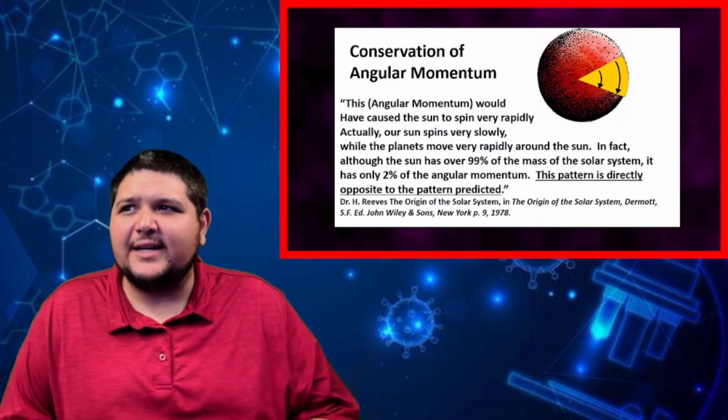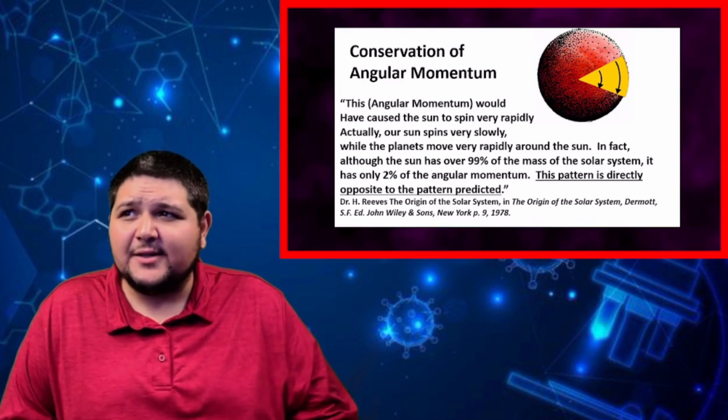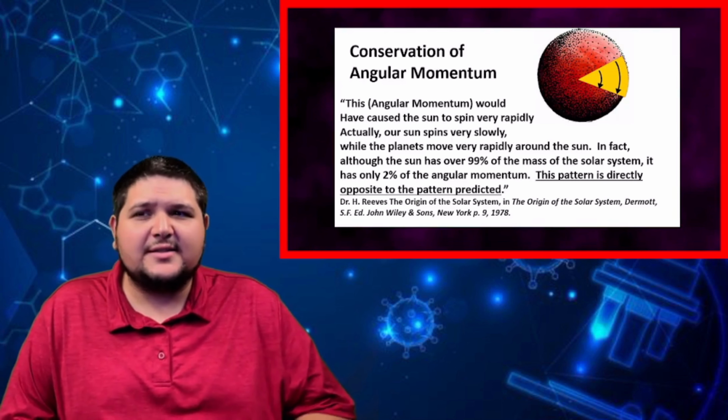What's even more interesting is that this angular momentum in the Big Bang would have caused the sun to spin very rapidly, but actually our sun spins very slowly, while the planets that move around it are the ones that are spinning rapidly. In fact, the sun has over 99% of the mass of the solar system, yet it only produces 2% of the angular momentum. This pattern is directly opposite to the patterns predicted from the Big Bang.